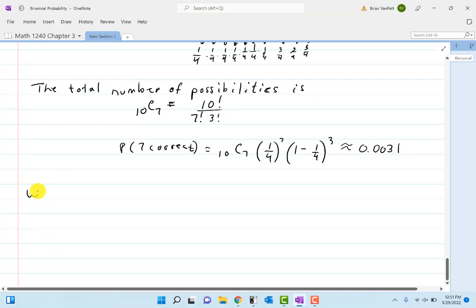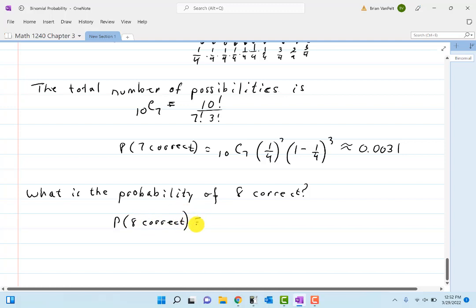All right, and you can play the same game. What is the probability of 8 correct? So here, the probability of 8 correct equals 10C8 times 1/4 to the 8th times 1 minus 1/4 to the 2nd.